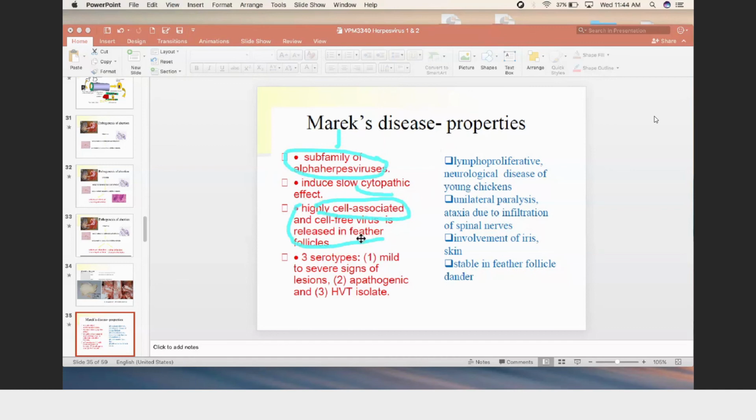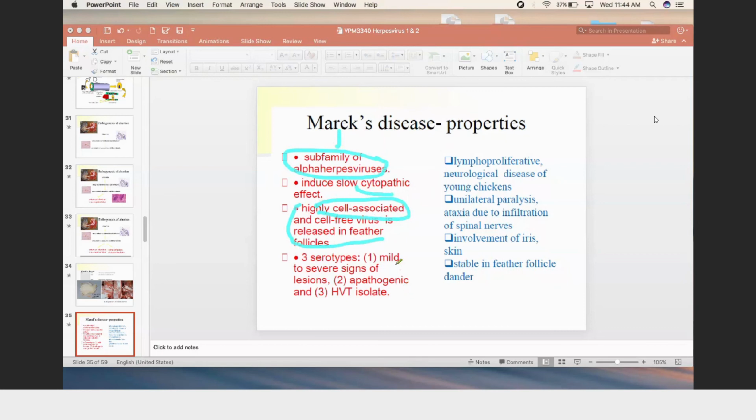That's why if you suspect birds or chickens are already infected by Marek's disease virus, the sample that we normally take is the feather follicle. We pluck the feather at the base. There is a follicle cell there. Then you take the cell, then we can send it to the lab for the test.